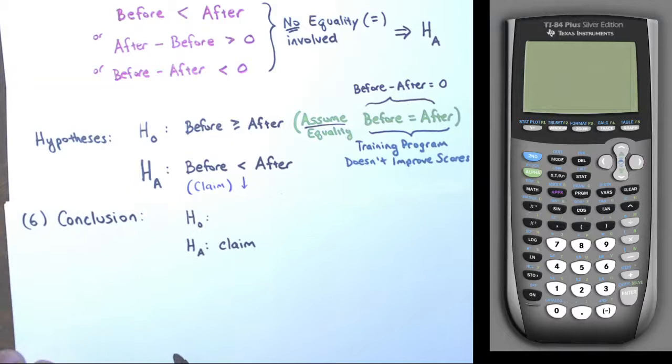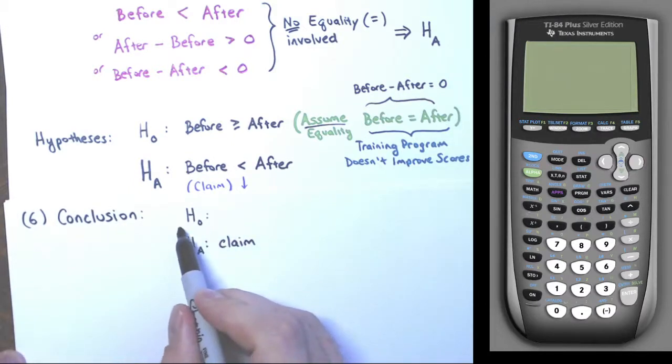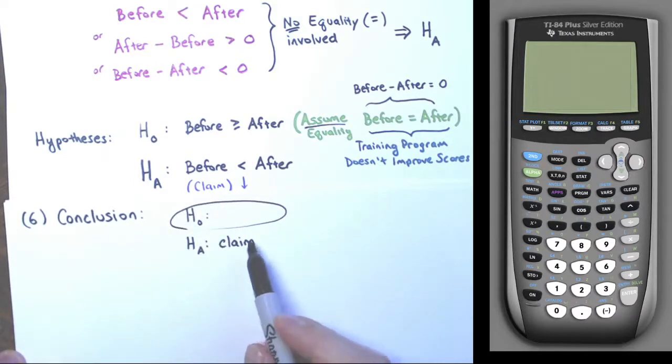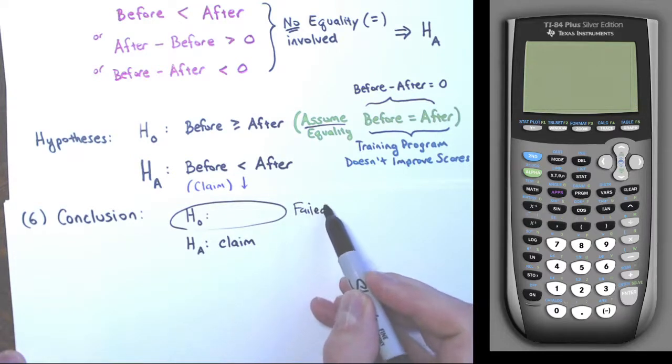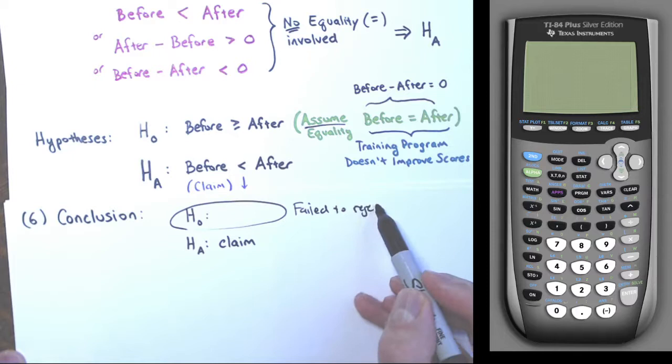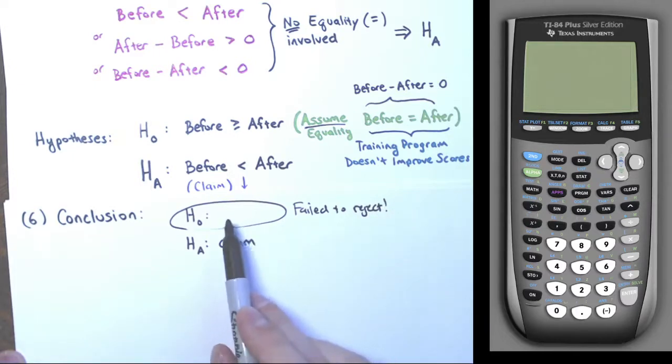So, conclusion. Again, we didn't reject this, which means we failed to reject the null hypothesis. So that means we're not supportive of the claim. This particular sample is not supportive of the claim.